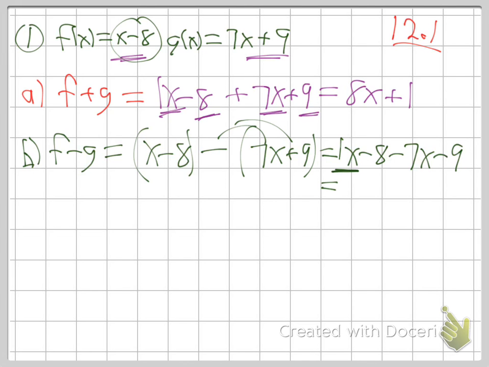So that's really a 1x, isn't it? 1x minus 7x. If you have $1 and you lose $7, where are you at? Negative 6, right? Minus 8, minus 9.